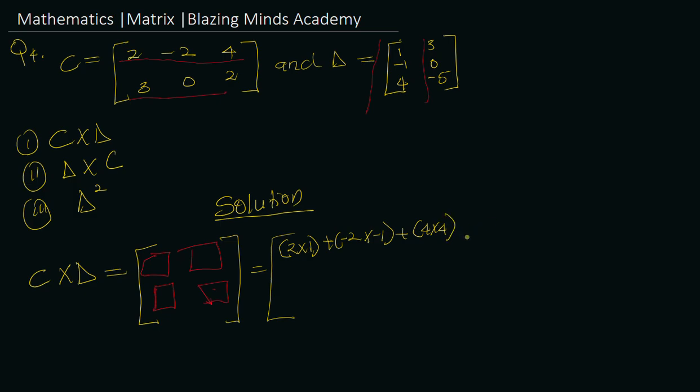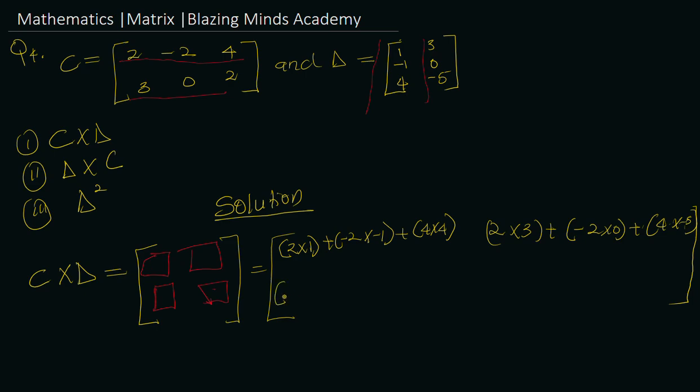And see that? Now the next one is going to be what? 2 times 3, then plus minus 2 times 0, then plus 4 times minus 5. You can see it. Then I have my first row. The two elements in the first row have been evaluated.